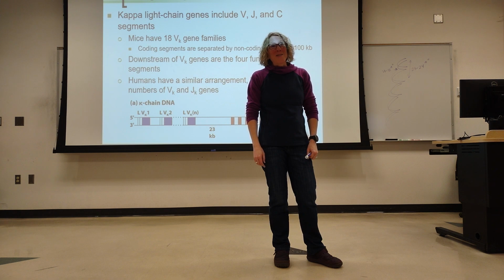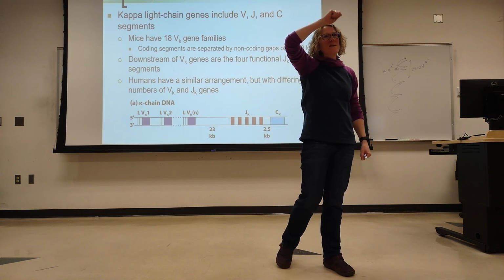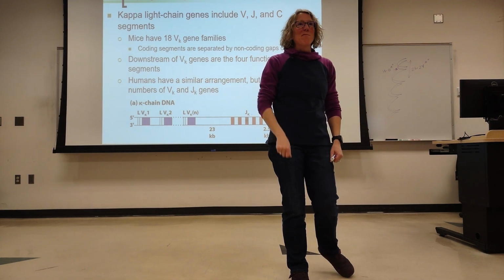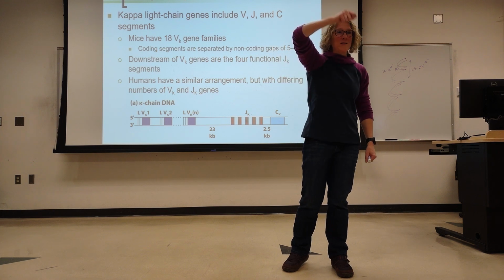This is a really neat thing to think about. As DNA is wrapped around, do we know how many turns of DNA go around one nucleosome? One twist goes around.